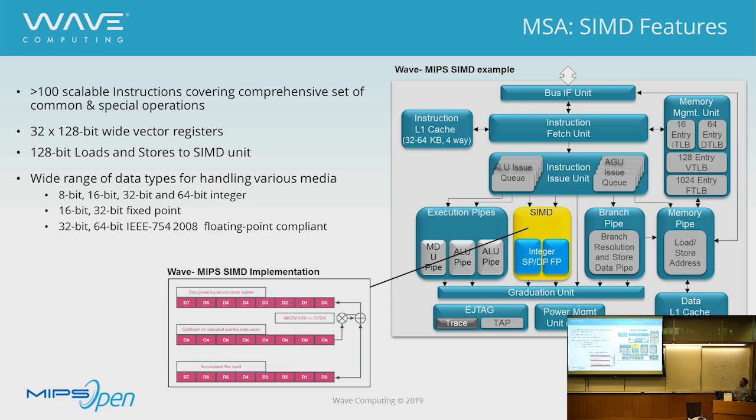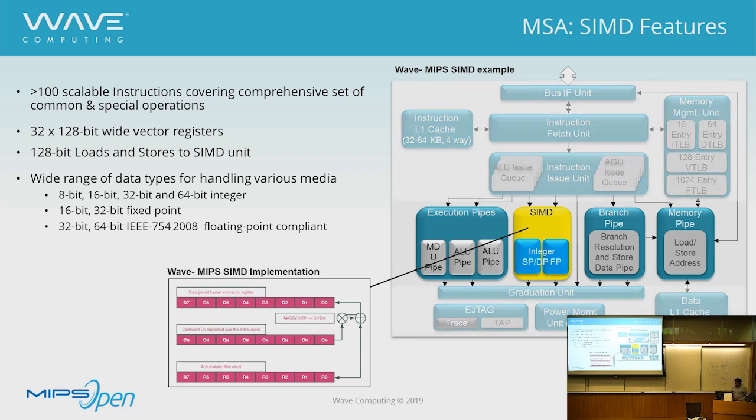Next item is what we refer to as MSA. It's the SIMD engine that's also part of the R6 extension. This is an example of what we have done at MIPS Wave Computing, just an example of a CPU. I'm not sure which core this is, but regardless, I'm going to cover those sections and focus just on the SIMD portion.